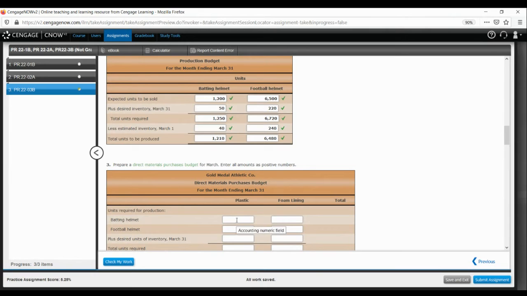So the amount of plastic that you need for your batting helmets is 1,452.